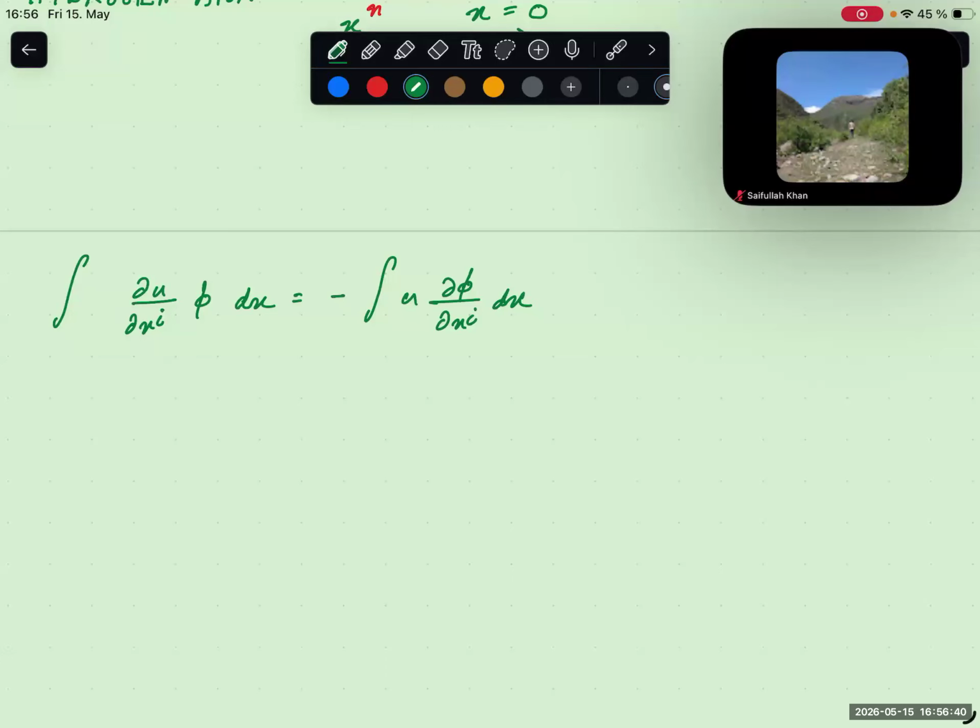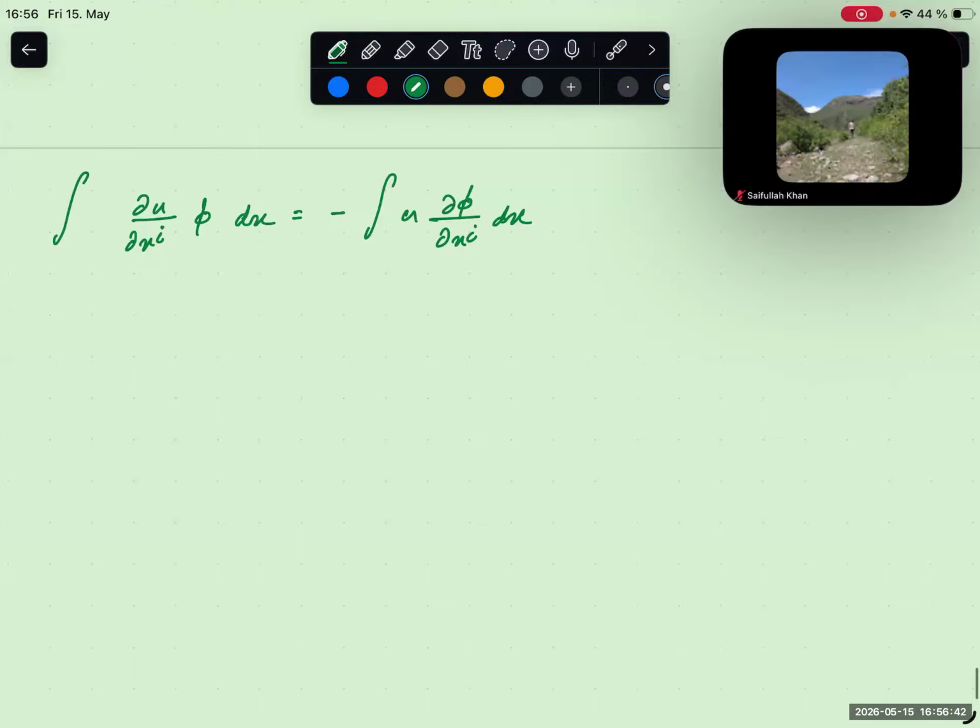Now for a general distribution, how do we go? Definition. So let me just write partial i, x or i, it doesn't matter. So this acts on smooth, at least continuous, but now we are talking about smooth functions.